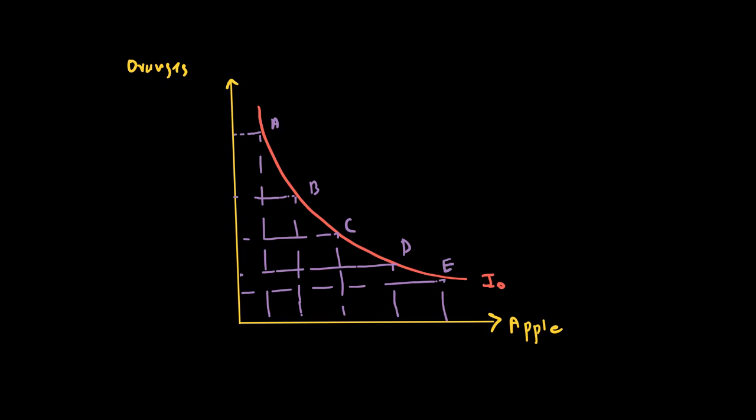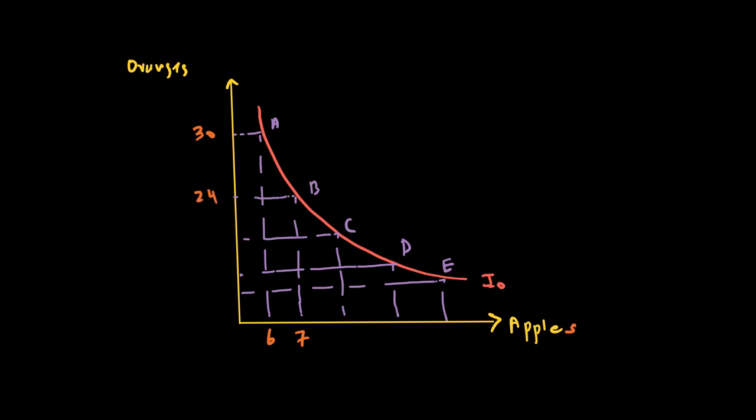Let's give some values to these combinations. Let's say A is 30 oranges and 6 apples, and on the other hand B is 7 apples and 24 oranges.